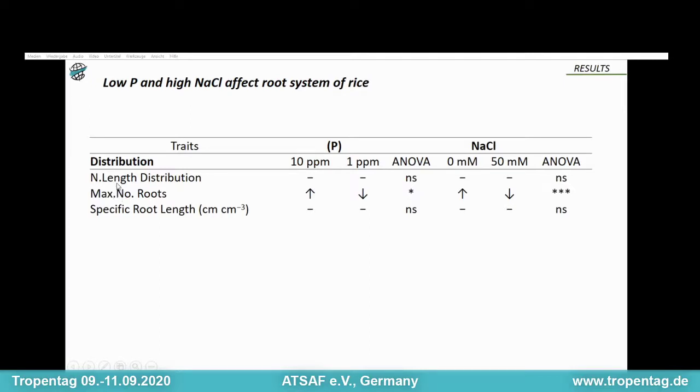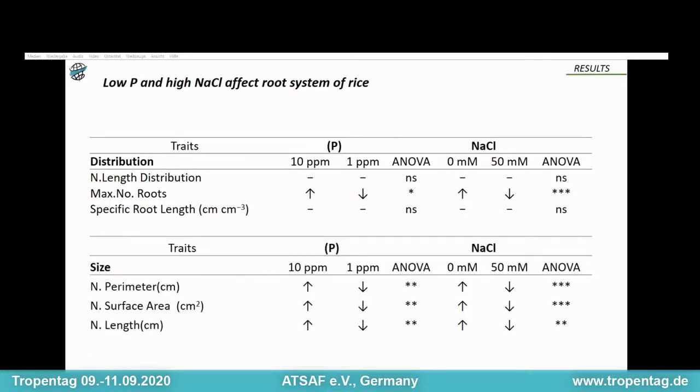But network length distribution and specific root length were not affected by concentration of phosphorus or concentration of salt. However, when we analyze the size traits, network perimeter, network surface area, and network length, we can see that all of them were reduced in the presence of P starvation or in the presence of saline stress.